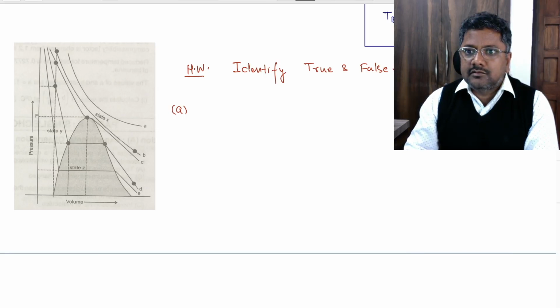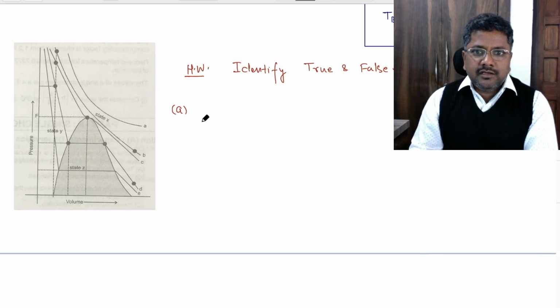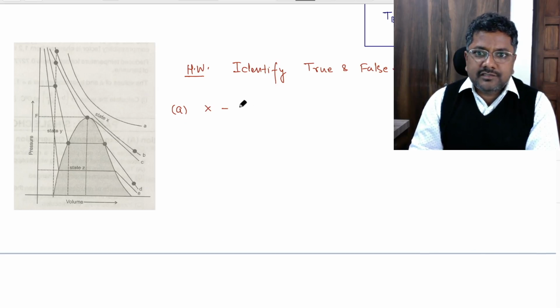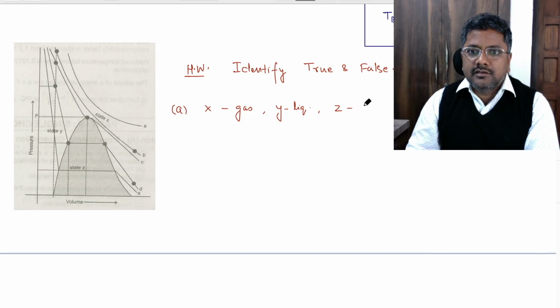First is x, y, z: x is gas, y is liquid, and z is liquid gas.